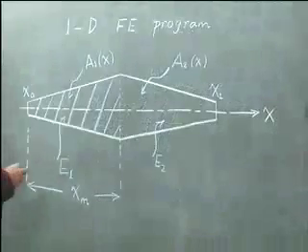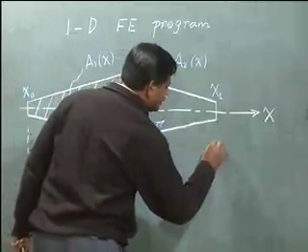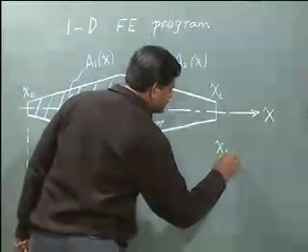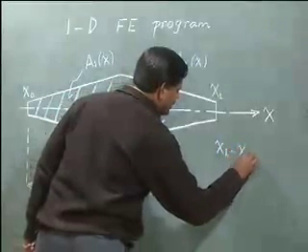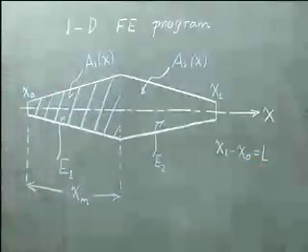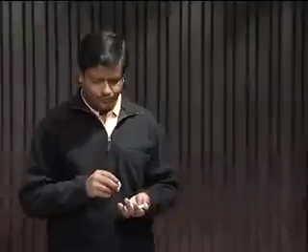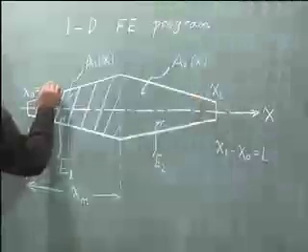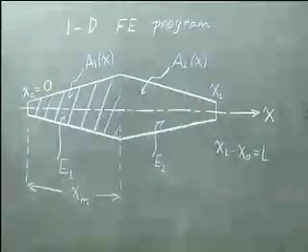So we know that x1 minus x0 is equal to L. We are going to set our x0 to 0. Further, what other features would we like to have?